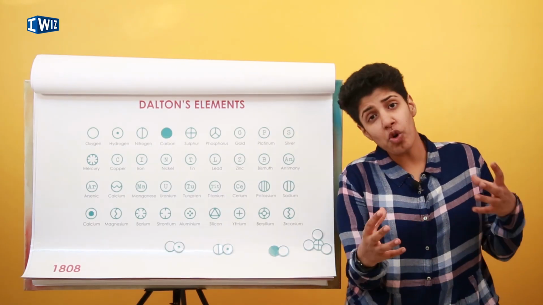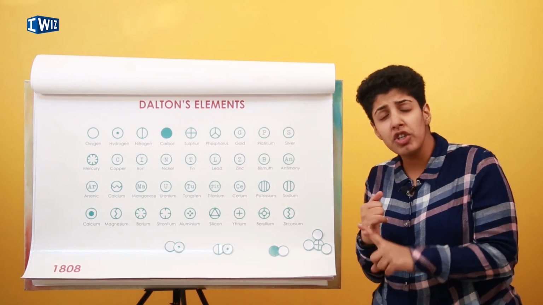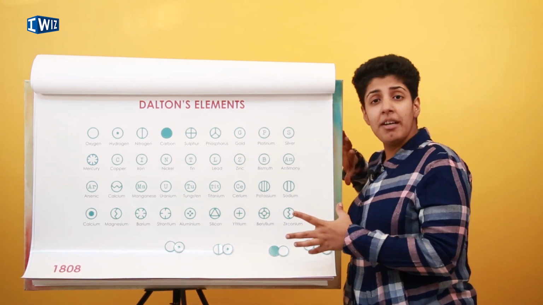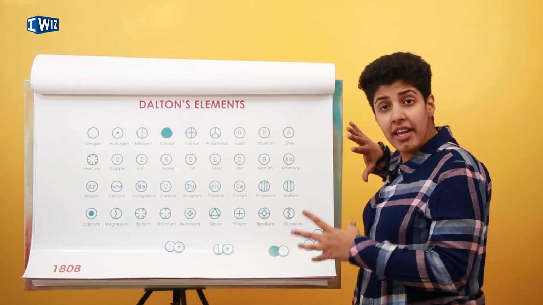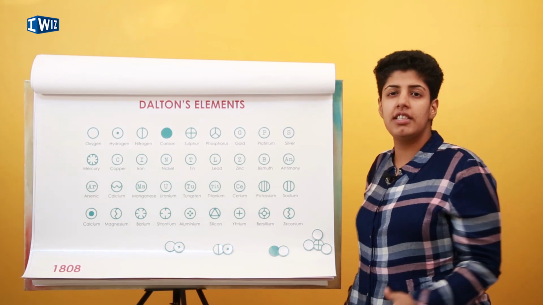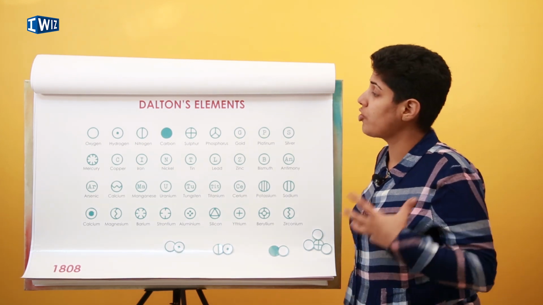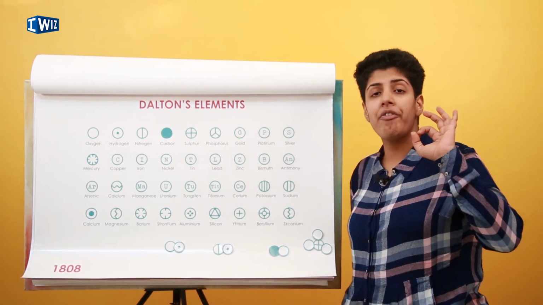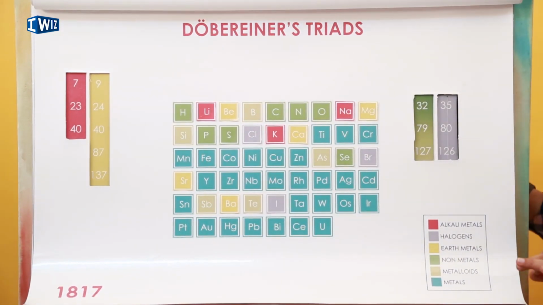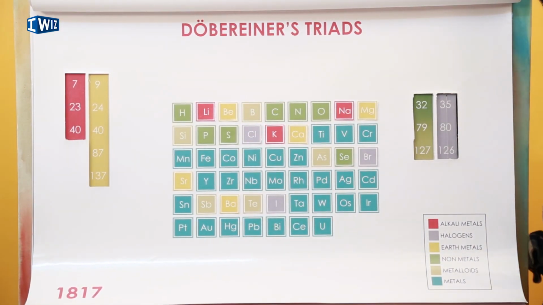So he told us that elements combine in a fixed ratio, they have properties, and the greatest contribution of his to the periodic table is atomic mass. He said there is something such as an atomic mass. All elements have this and they have a fixed atomic mass. So the hunt to actually classify and understand elements is still going on.